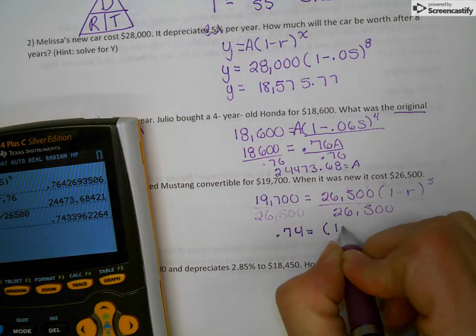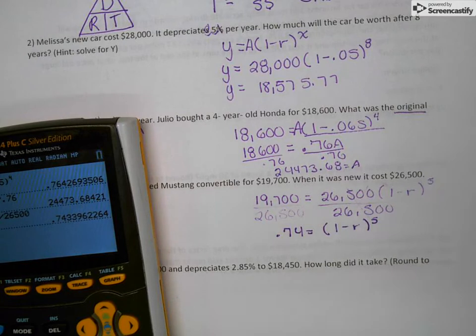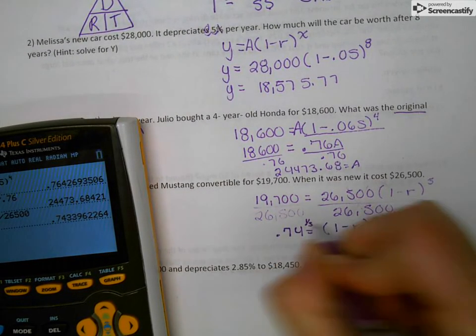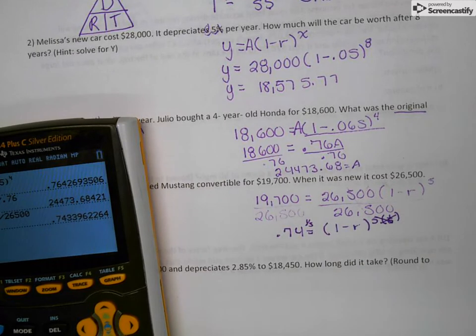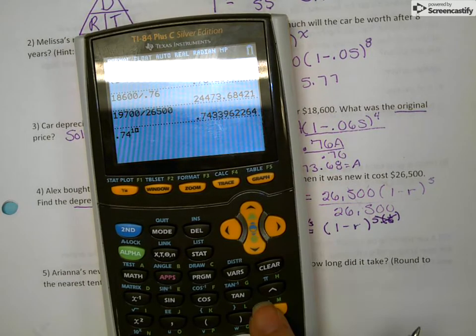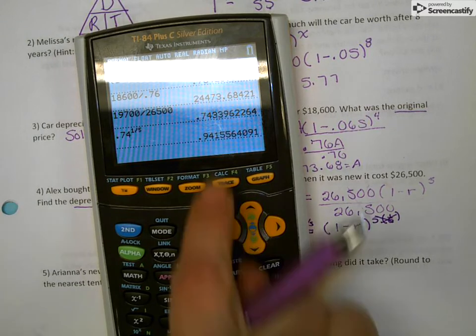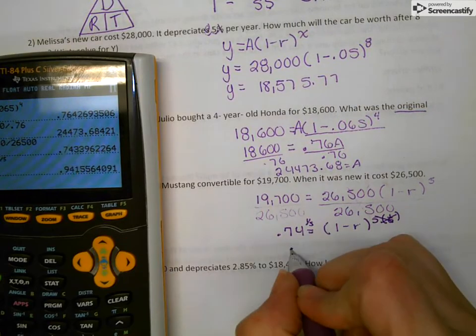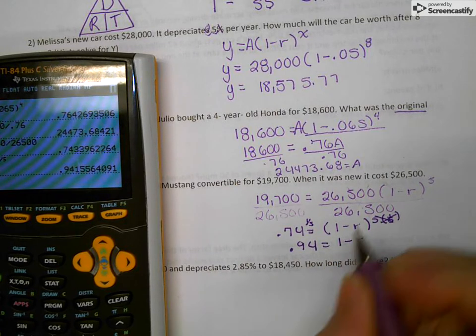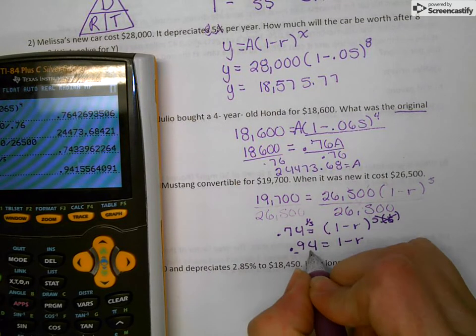0.74 equals parentheses 1 minus r to the 5th. To get rid of that exponent, you're going to raise to the reciprocal power, which is 1/5. So I've got 0.74 raised to, that's the caret right here, 1 divided by 5, and I get 0.94. That equals 1 minus r. Subtract 1.